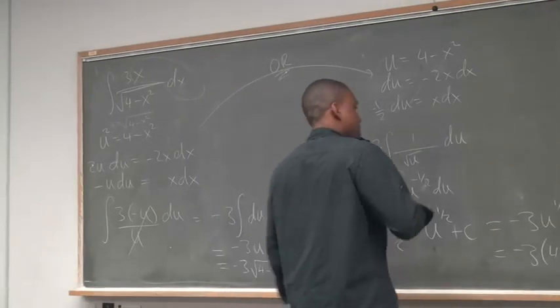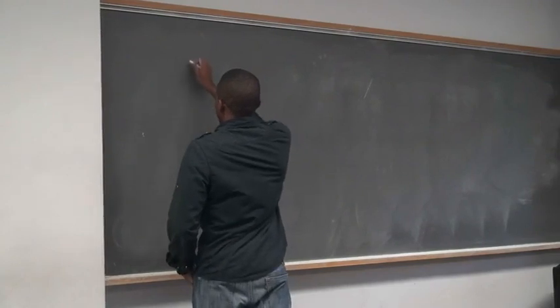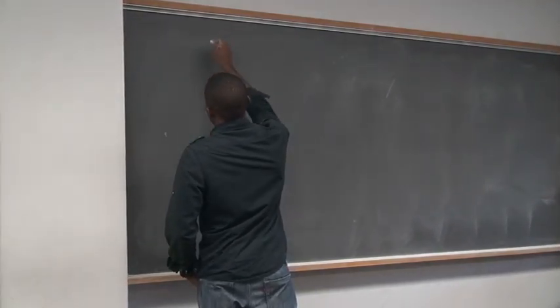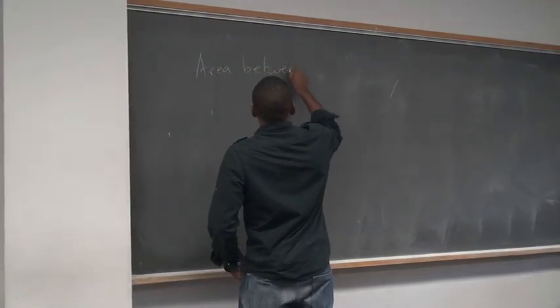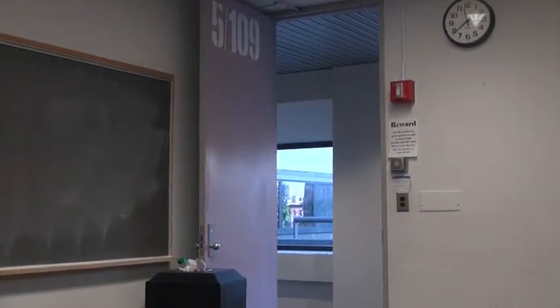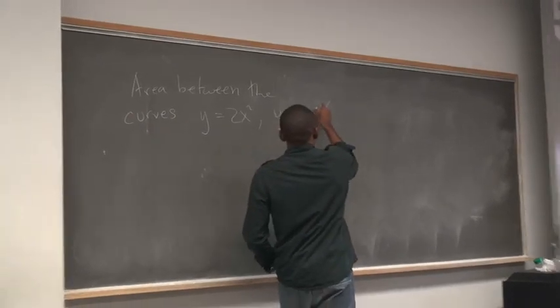Okay, let's see. How would I find the area between the curves y equals 2x squared and y equals 1 minus x squared?